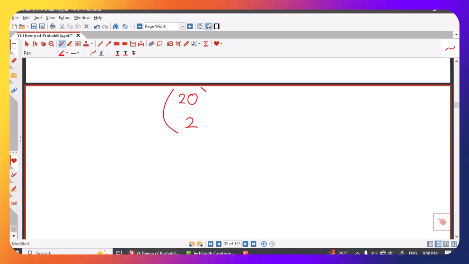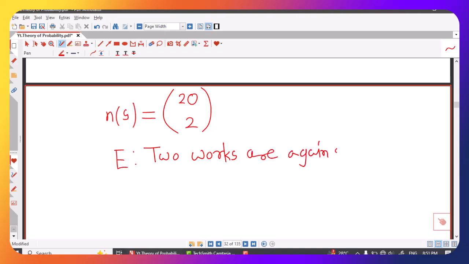So if you consider the random experiment as selecting 2 workers out of 20, then this is going to be the number of elements in the sample space. Now we define event E as: these 2 workers selected randomly, both are against the new safety regulations.